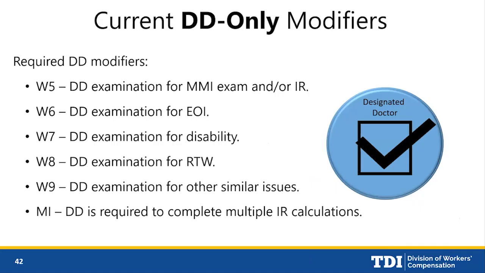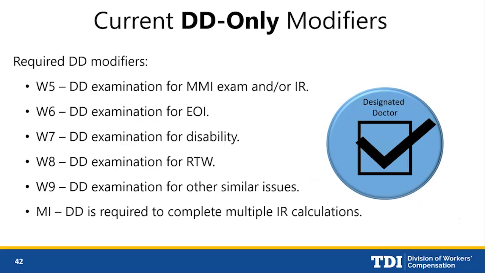And now for our designated doctor only modifiers. Keep in mind, RME doctors, you do not use these W modifiers. These are DD only. So W5, MMI, IR, maximum medical improvement, impairment rating. For the impairment rating portion or the MMI portion, use W5.